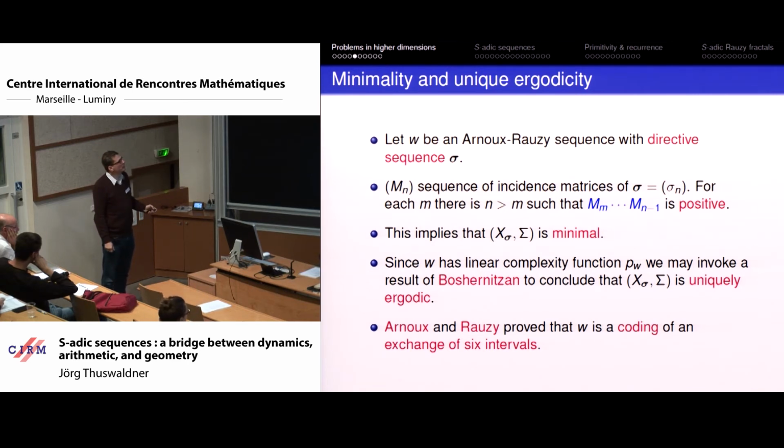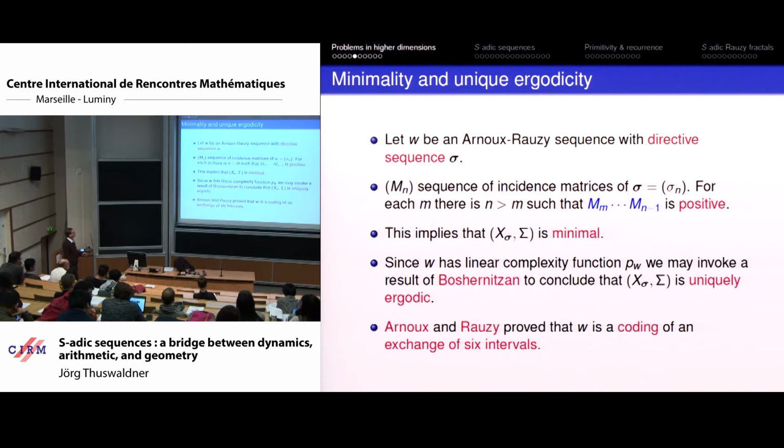We have another nice property that can be derived from a result due to Boshernitzan. I think it is 1985 or something like that. It's an older result. This says that if a word has linear complexity function, then the associated symbolic dynamical system, here the associated S-adic system, is uniquely ergodic. So we have two. For 2n plus 1, 3n plus 1.